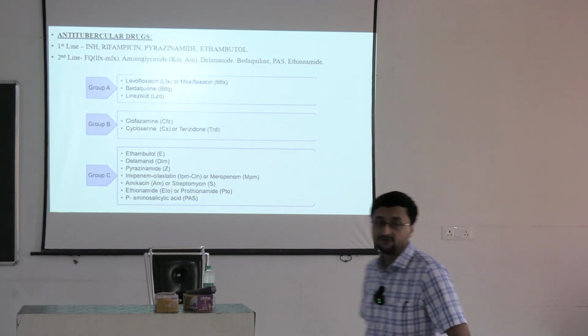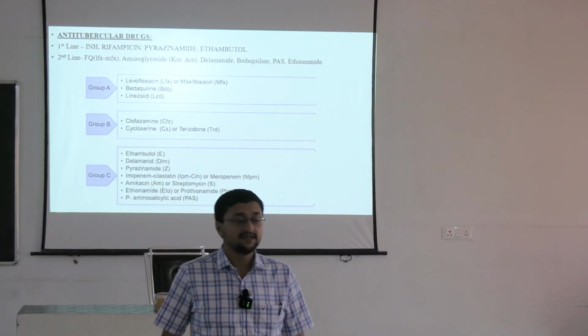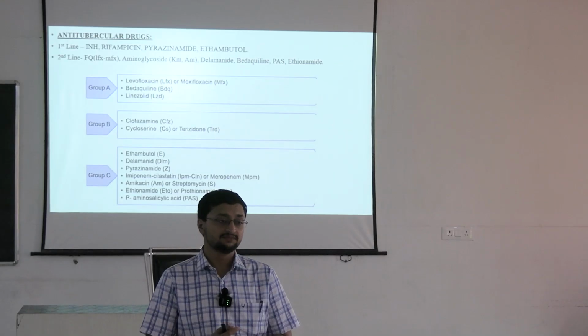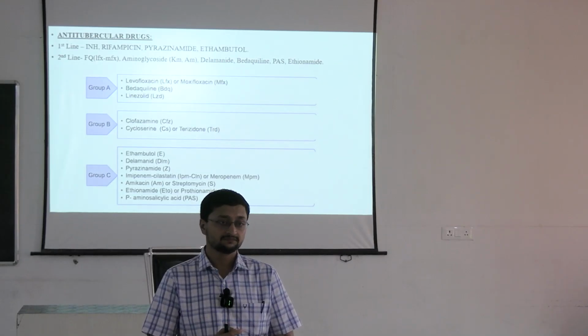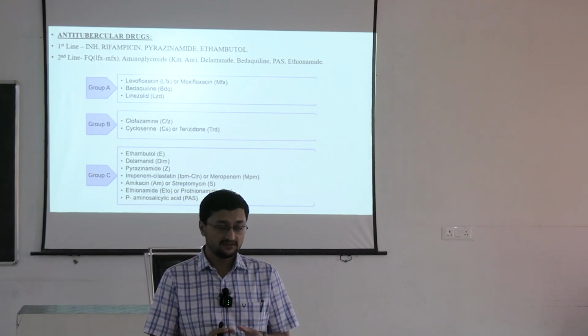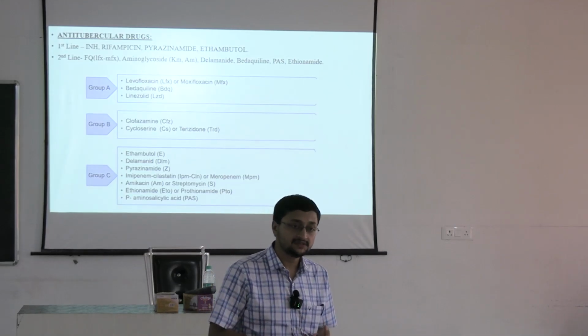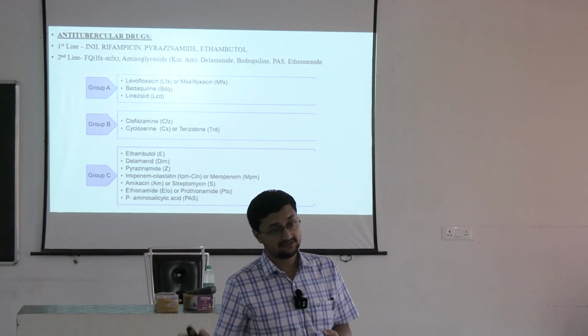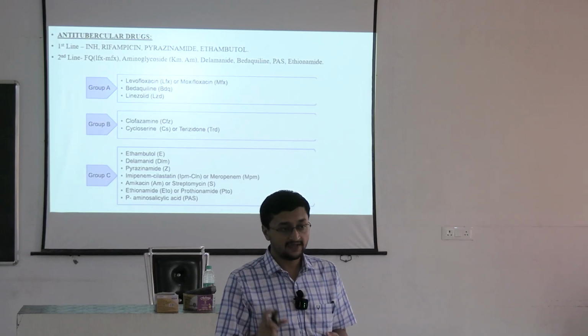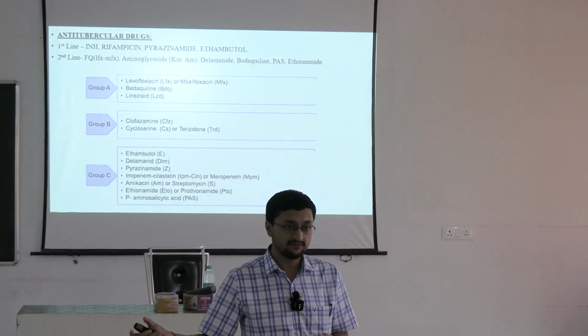Okay, so now isoniazid. Any idea how isoniazid works? Isoniazid is a prodrug. It is activated to isonicotinic acid, the active form, via the catalase peroxidase enzyme.